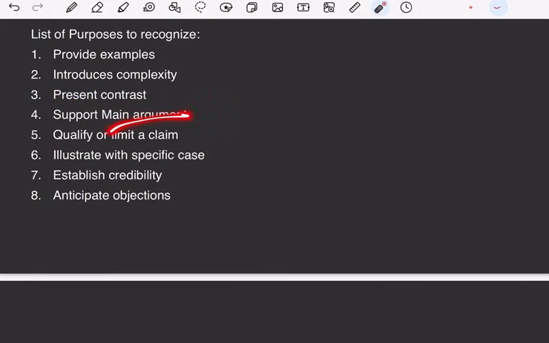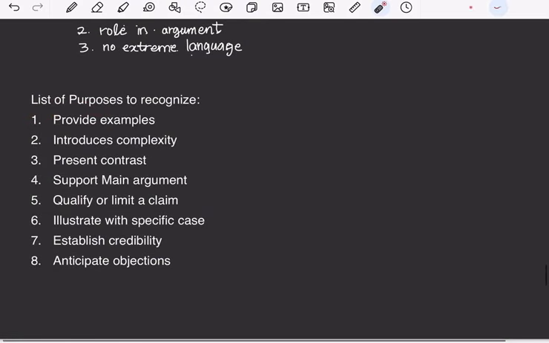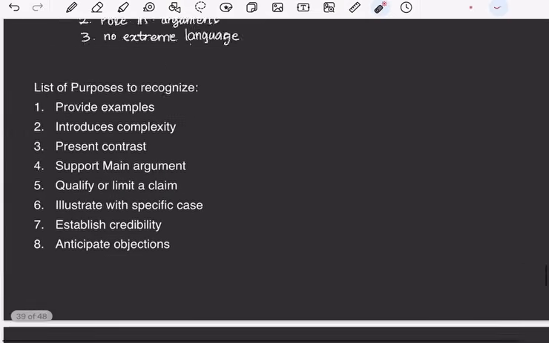The author wants to support the main argument somehow, or the author is qualifying or presenting a limit of the claim. And lastly, to illustrate with specific examples. You may also want to establish the credibility of a study or something that they found. And lastly, to anticipate objections. So these are the kinds of purposes that you can recognize in your purpose questions.